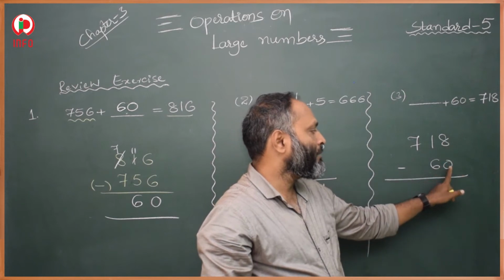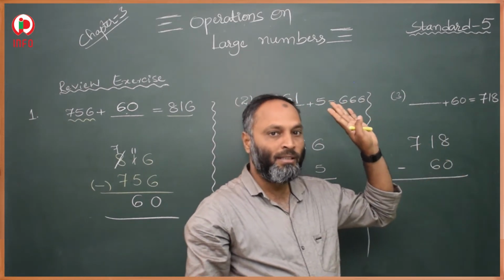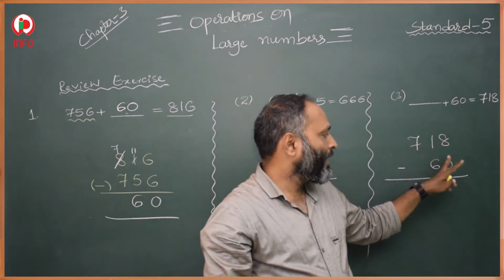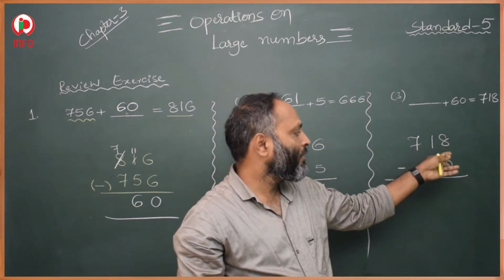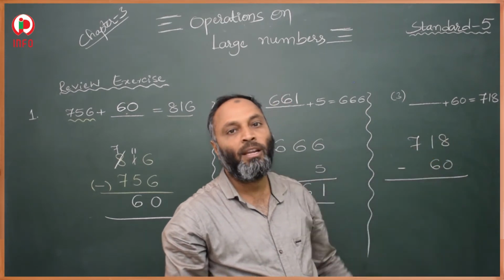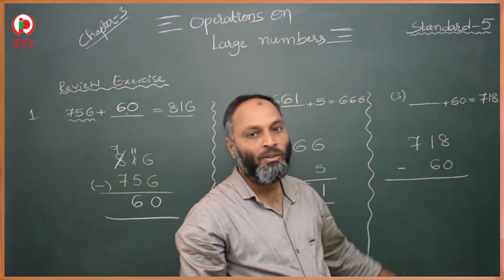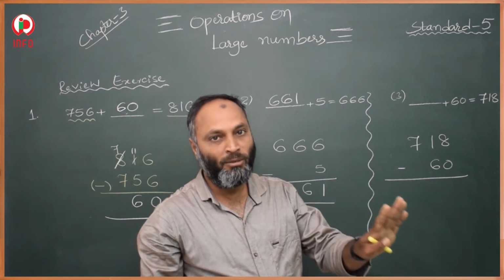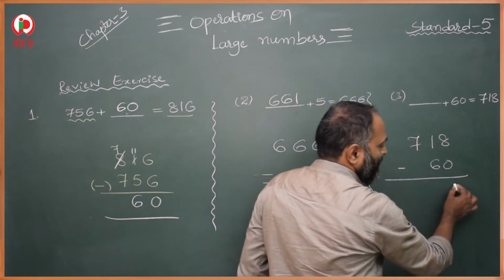And 0 is a smaller number. The minuend is always bigger than the subtrahend, then there is no problem, we can do minus. This is the minuend, this is the subtrahend. The minuend is bigger than the subtrahend, then 8 minus 0. The rule in minus, we discussed in third class and also in fourth class: if 0 is subtracted from any number, we will get the same answer.